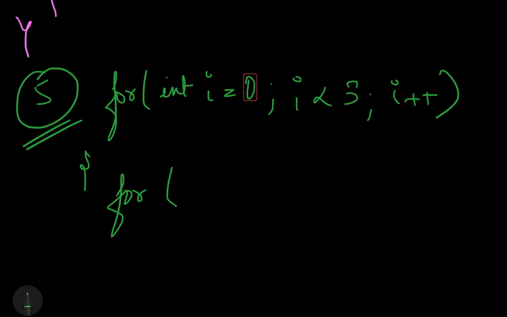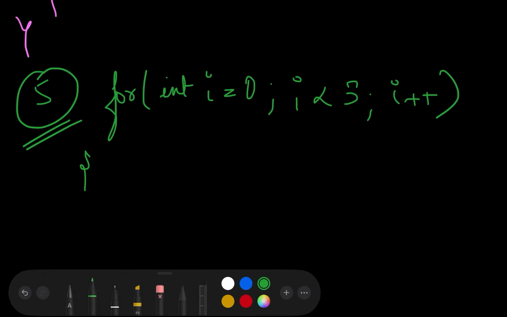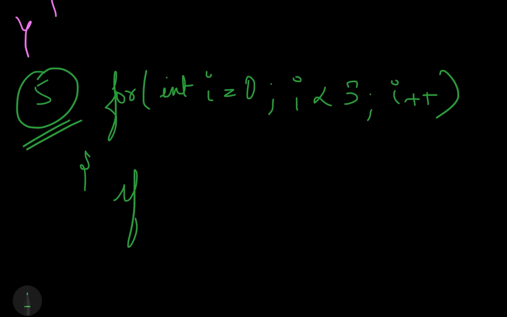We just need to check the array. So we'll see if grid of... what's happening with my app? I think its battery is low. Okay, let me quickly write it.